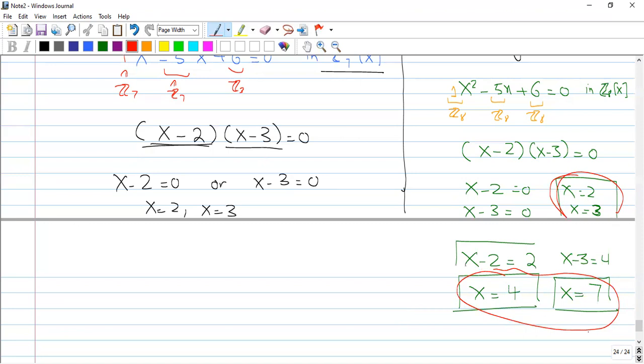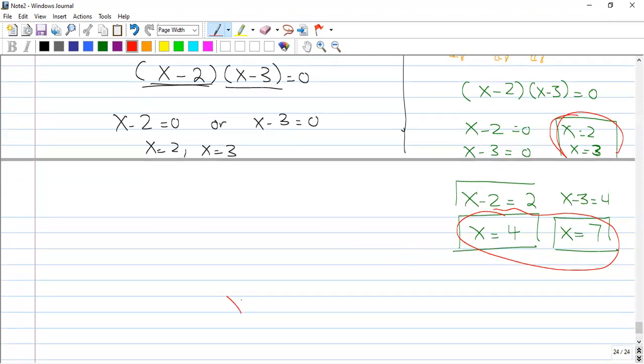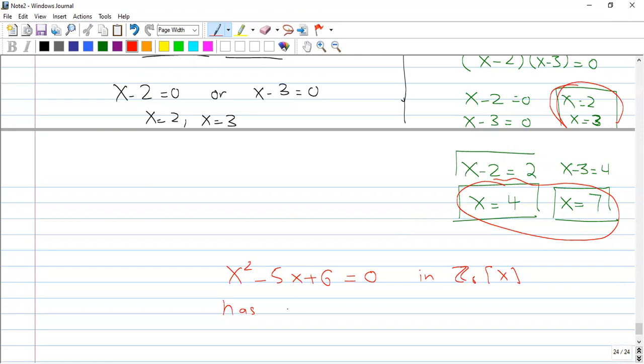So what you can conclude is that x square minus 5x plus 6 is equal to 0 in Z8x has more than 2 roots, since Z8x is not an integral domain.